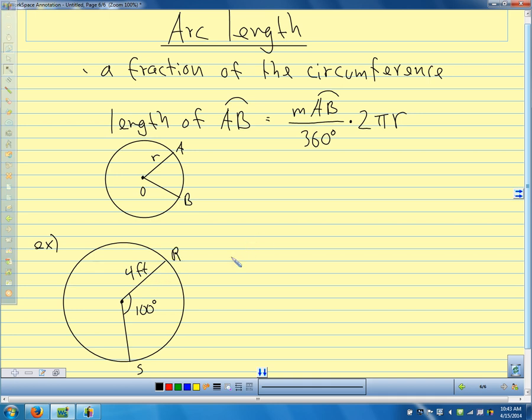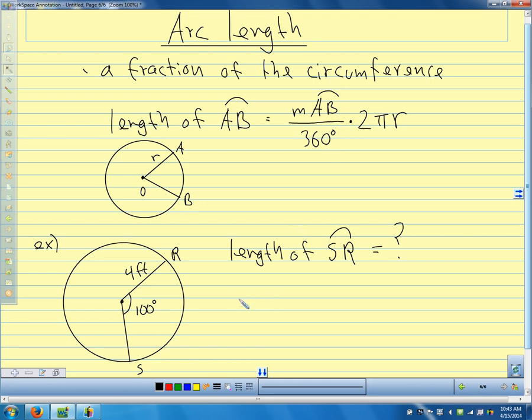And we want the length of arc SR. We have everything we need for our formula.